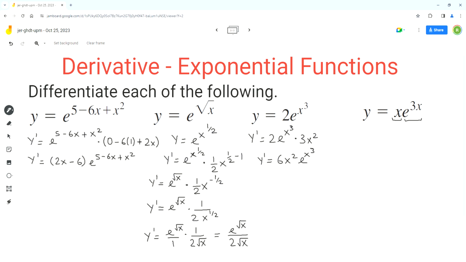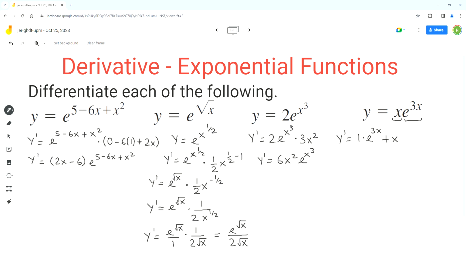So as per the product rule, y prime equals the derivative of the first term, which is x. So the derivative of x is 1 times the second term plus the first term, which is x.